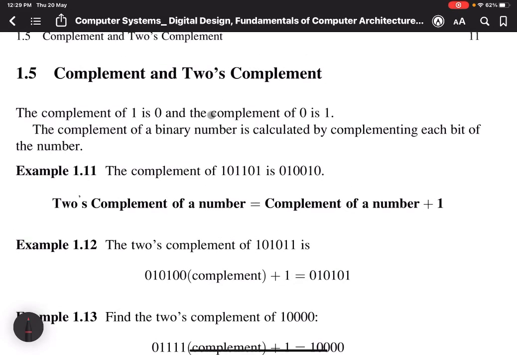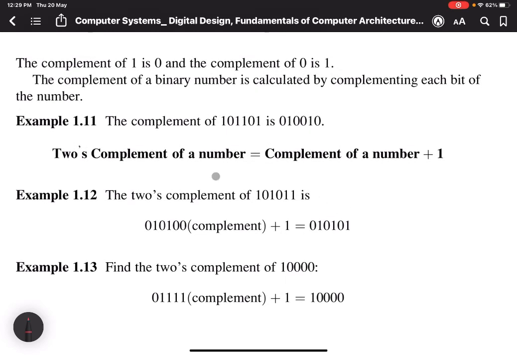2's complement of a number is the complement of the number plus 1. So kung ito daw yung complement nito, ang 2's complement of a number daw ay complement of a number plus 1. So ibig sabihin, pag sinabing ano yung 2's complement nito, ang sagot natin ay ito.